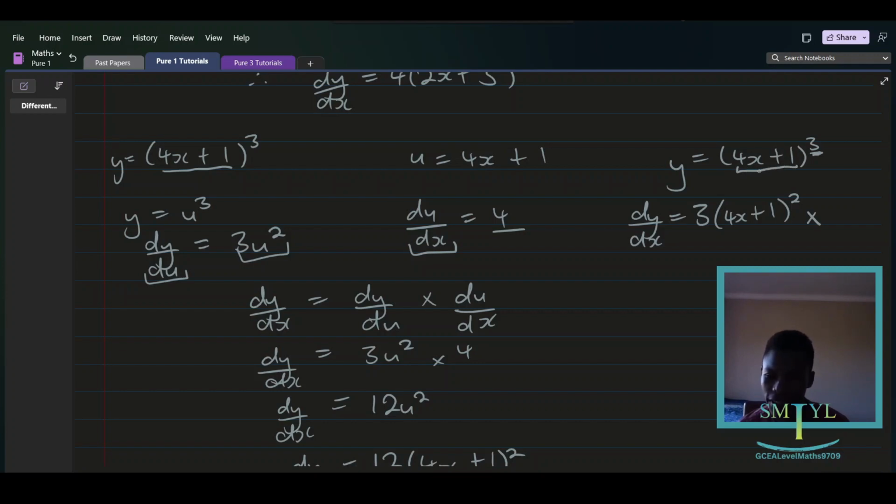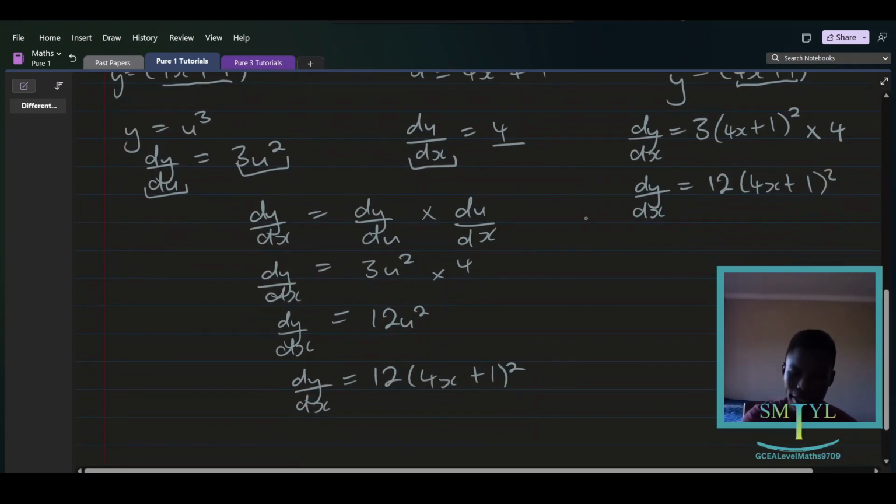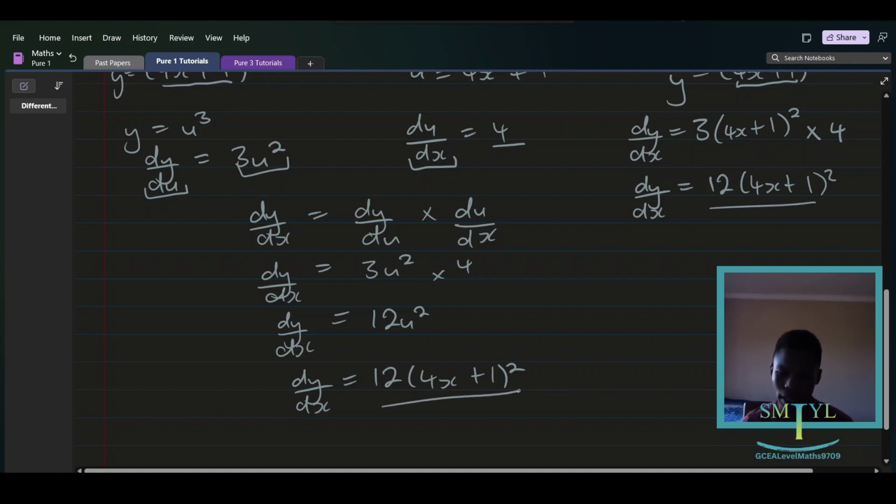If you differentiate 4x plus 1, you get 4, and that gives you dy/dx is equal to 12 times (4x plus 1) to the power 2, and you notice that this answer is exactly the same as this one.